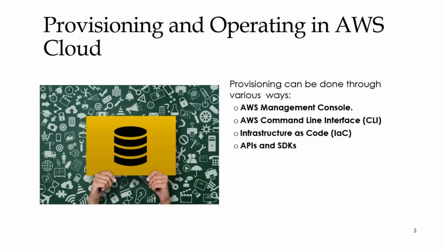Another way is to use the AWS Command Line Interface, or CLI, a text-based tool that allows you to interact with AWS services using commands. This is like calling the pizza place and telling them your order over the phone. It's more technical, but gives you more control and flexibility.